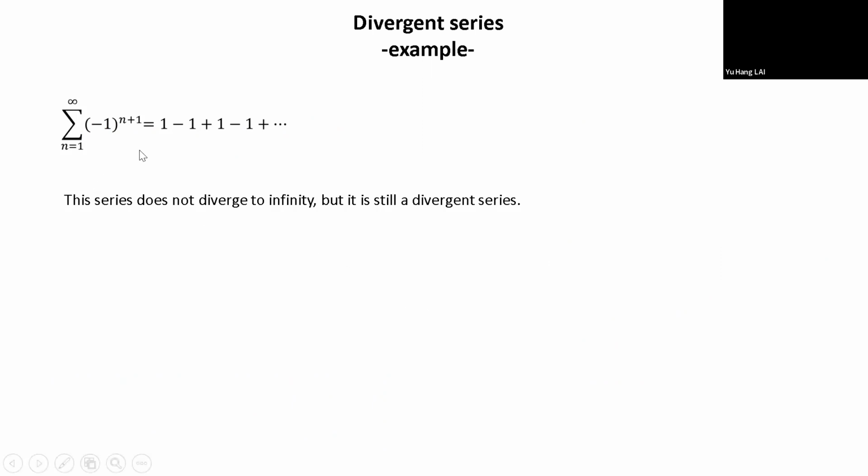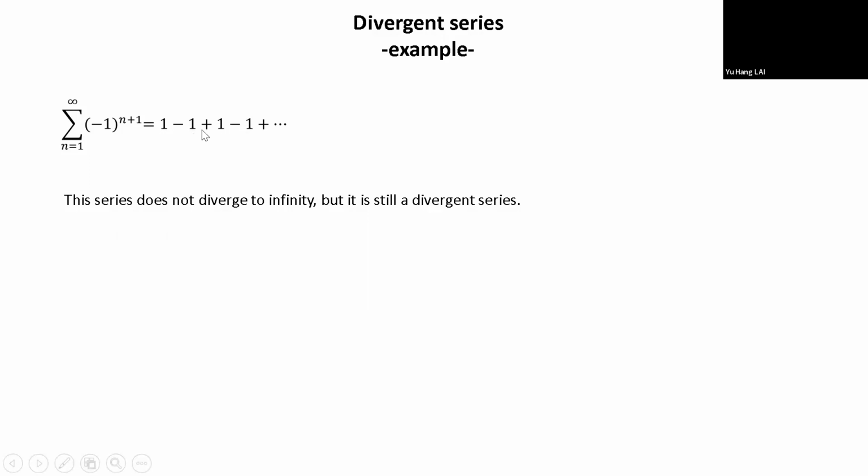Again, this is an alternating series. The magnitude of each term is actually the same, but I have this minus sign and plus sign alternating. If I ask you to do the sum of this series, you will just keep doing 1 minus 1 plus 1 minus 1.